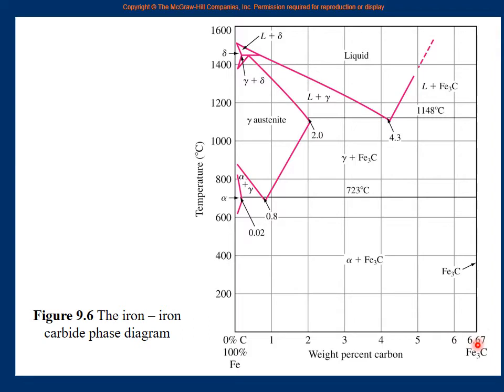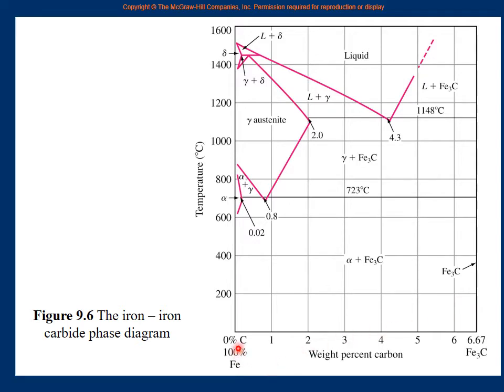When we get to 6.67% of carbon, when we add 6.67% of carbon, then all the iron and all the carbon start a chemical reaction and all of them convert to iron carbide. So we don't have any iron left now. So going further after that is no use, right?